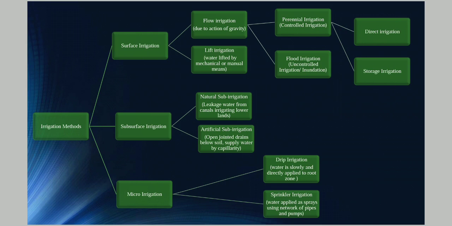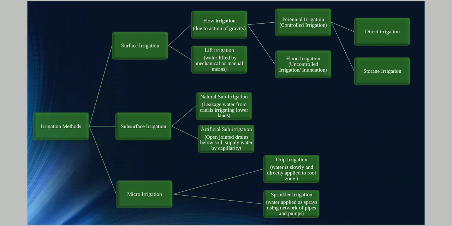So next one is micro irrigation. This micro irrigation can also be called advanced irrigation or modern irrigation techniques. The first one is sprinkler irrigation and the other one is drip irrigation. In sprinkler irrigation, we use a spraying method, that is we simulate artificial rain by using a network of pipes and pumps so that we can get a uniform distribution of water even in water scarce areas.